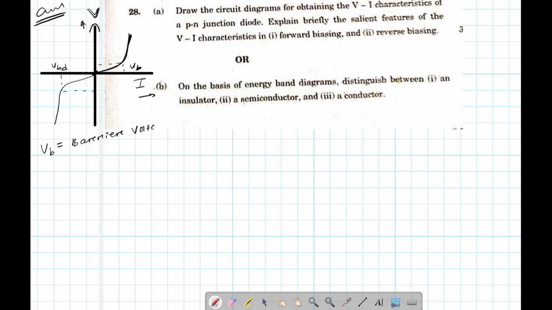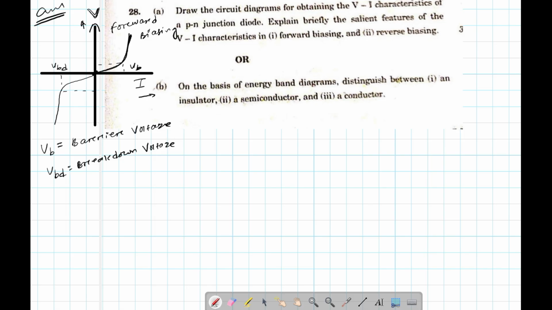Barrier voltage is in forward biasing, and breakdown voltage is in reverse biasing.